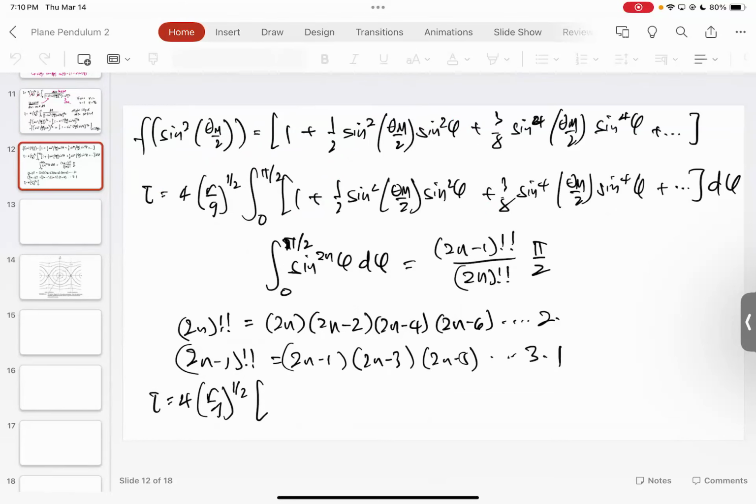When you expand, actually, the second term is 1/2. Actually, it should be alternating, it should be negative 1/2.